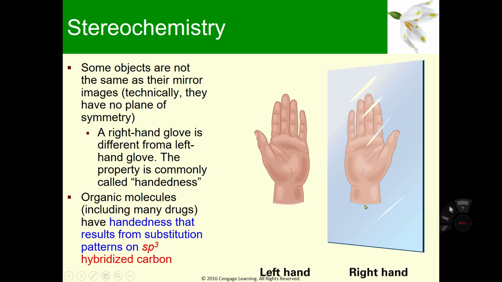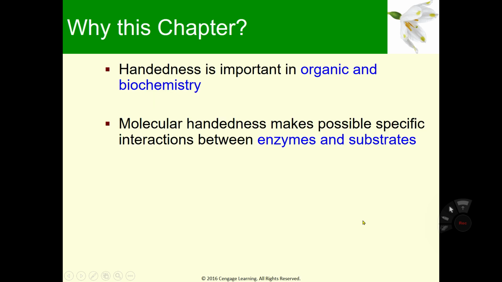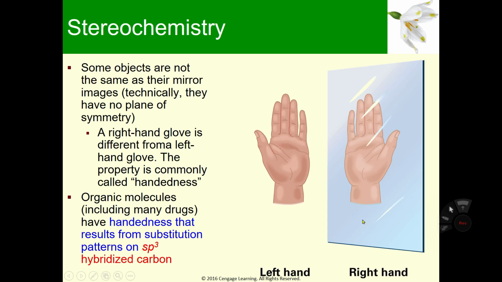Before we talk about the carbon compounds, let's focus on the handedness again. The reason you cannot overlap the right hand with the left hand is because you don't have a plane of symmetry in your hands.